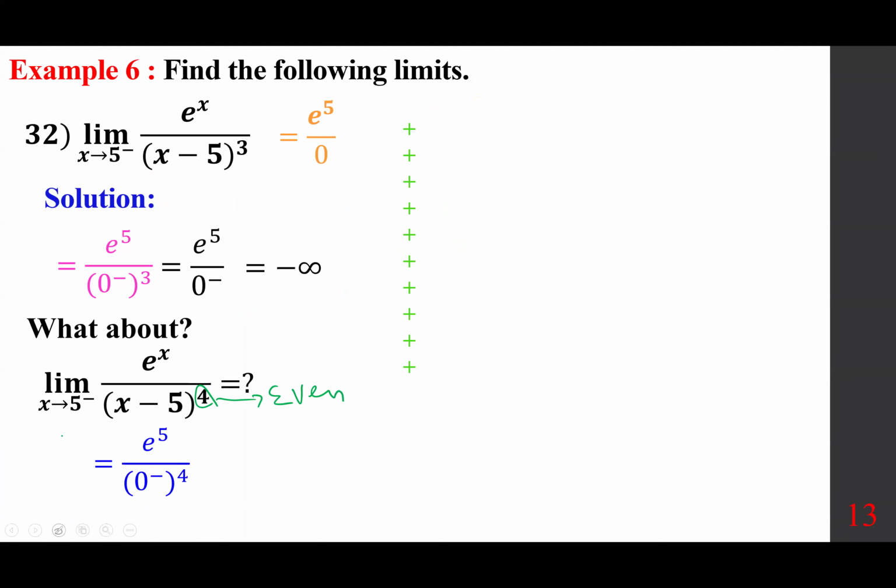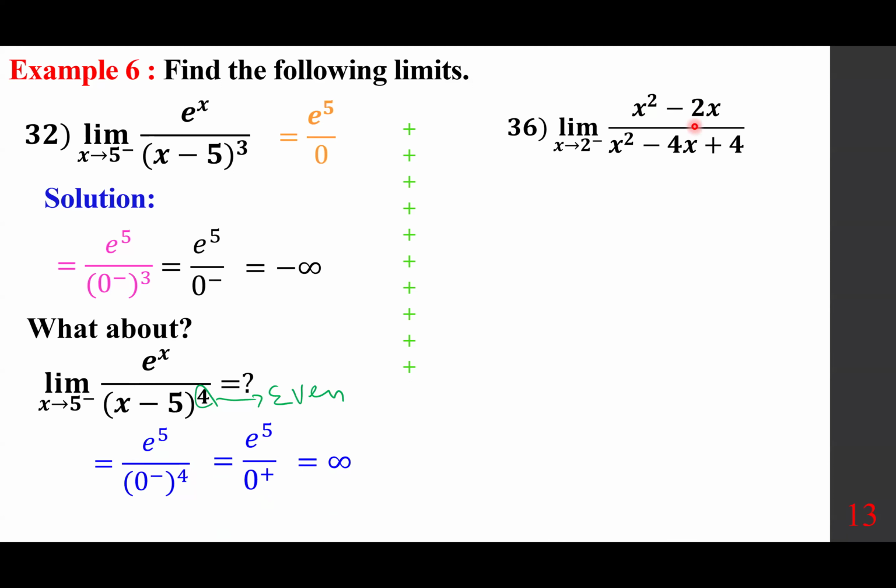So a negative number to the power of even is positive, and positive over positive is positive. The answer is infinity. That's the difference between the two. So it's a good question to go over a couple of times.